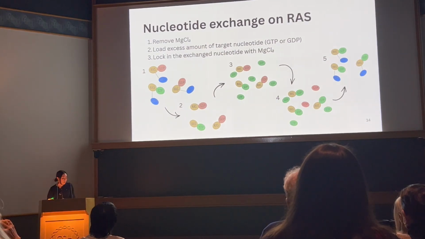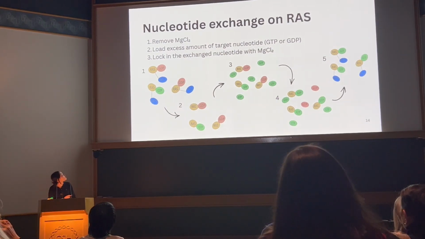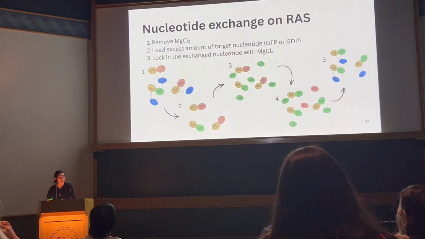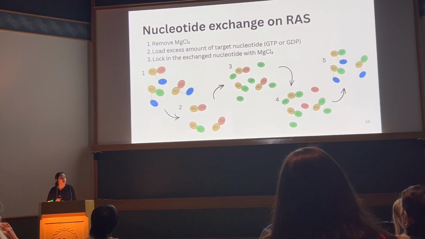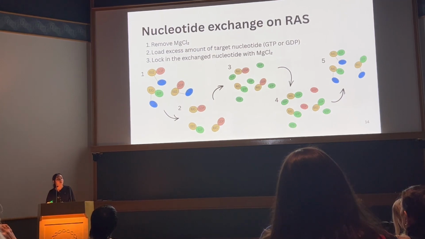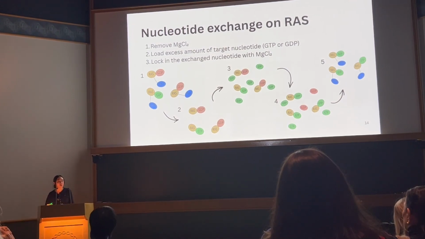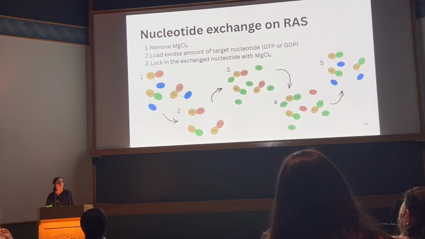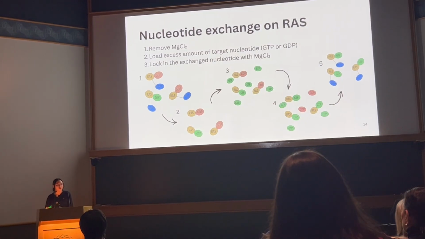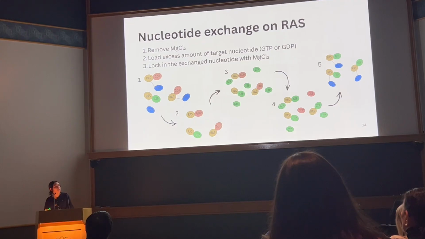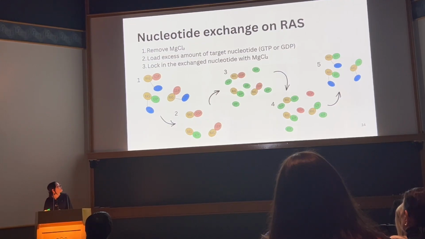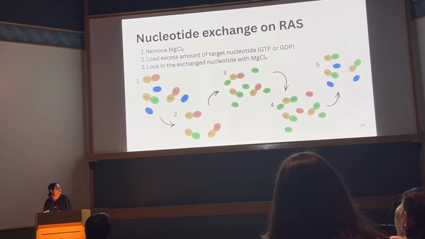And to proceed, we have to exchange the nucleotide on the ROS. That's because after ROS is purified, the nucleotides are mixed, and you want to differentiate them because some drugs only target the ROS GTP form, and others only target the ROS GDP form. So you want to have a uniform conformation.